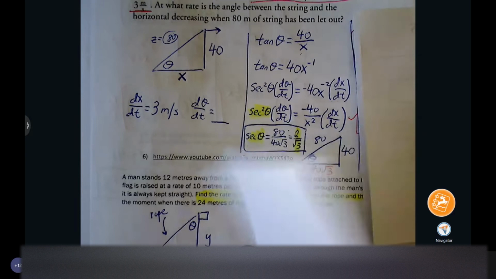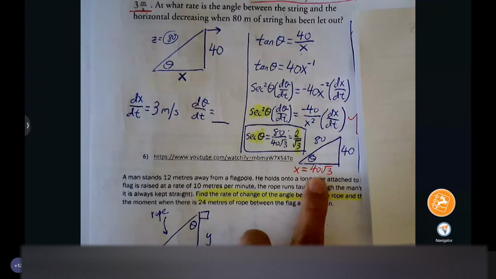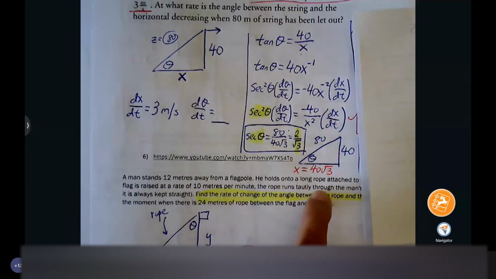Here's my triangle information. If you want to leave it just as square root of 4,800, that's fine, because eventually things will reduce.